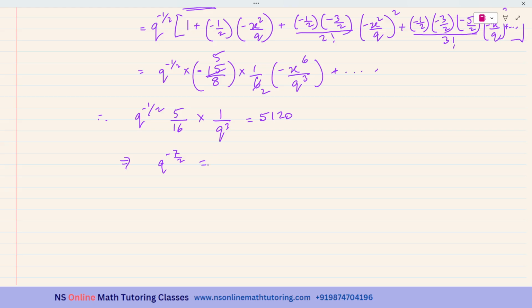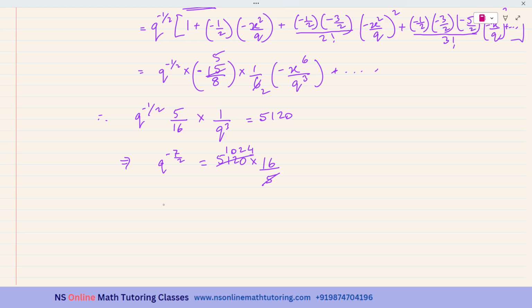This is equal to 5120 times 16 over 5. And I can cancel this. It will be 1 and 0 and 2 and 4. Okay. So instead of multiplying 1024 times 16, we can do that, no problem.